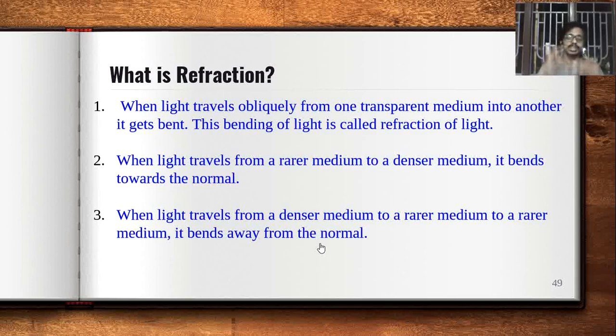If it is going from a denser medium to a rarer medium, then it will bend away from the normal. These are the three properties of refraction: what refraction is, and what happens to the light when it moves from a rarer medium to a denser medium, or from a denser medium to a rarer medium.